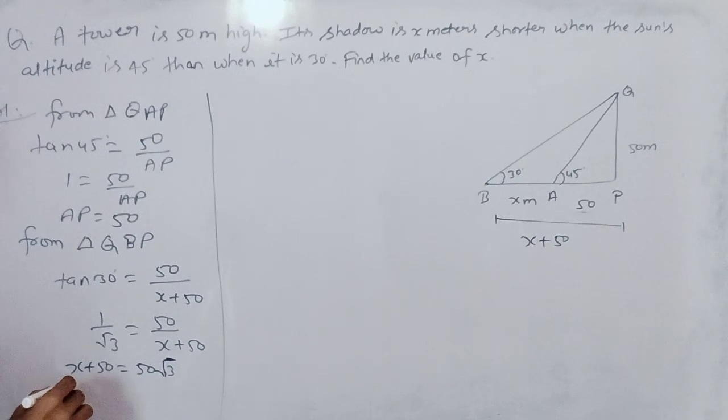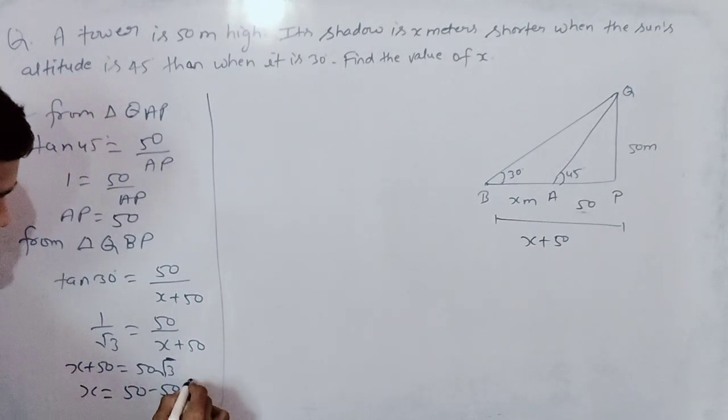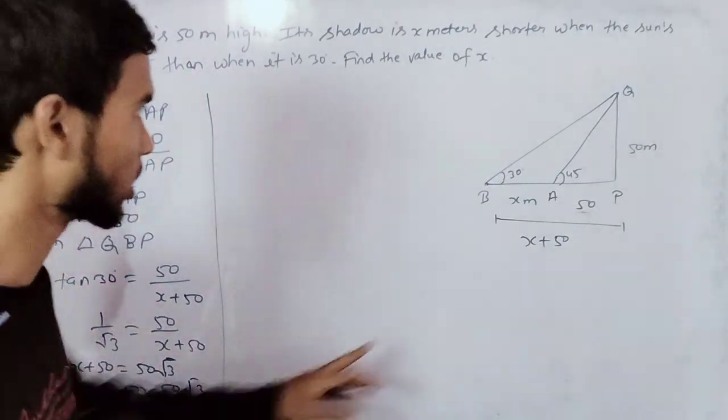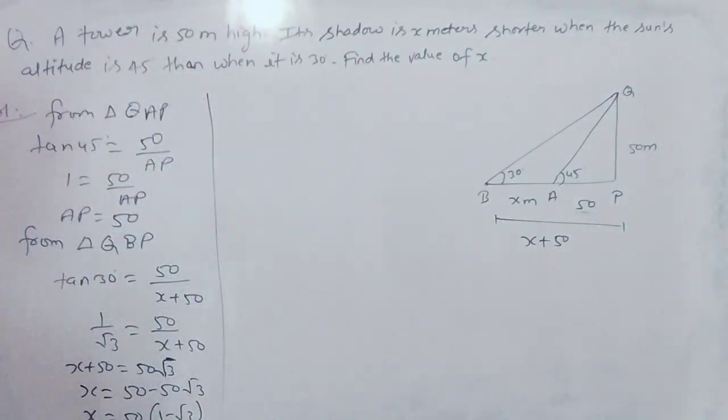Now here x came as 50 root 3 minus 50. 50 is common, so 50 times root 3 minus 1. This is the value of x. So I think it is the answer.